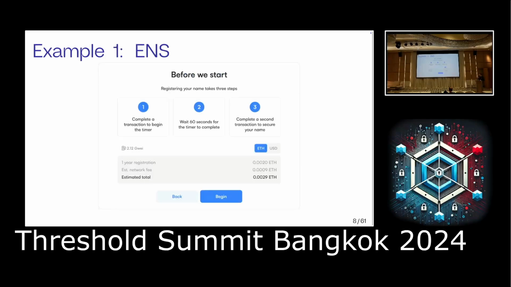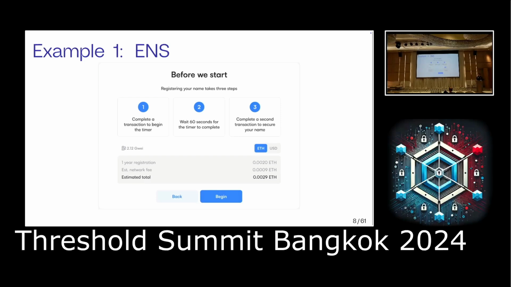That's the question we asked at the lab, and I will give you 3 examples which will be our motivating applications. The first one, as you can see, is ENS. If you've seen this screen, when you register an ENS name, you need to do 2 transactions with 60 seconds in between. Why is that? It's because the first transaction is committing and the second transaction is revealing what the previous transaction committed.